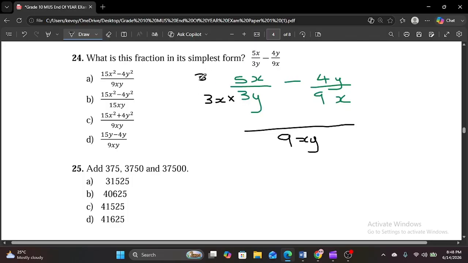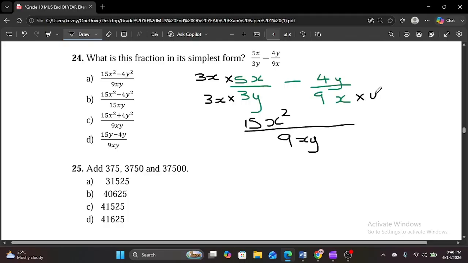So that's going to be 3x times 5x. All right, so 3 times 5, that's going to be 15. That's going to be 15x squared.